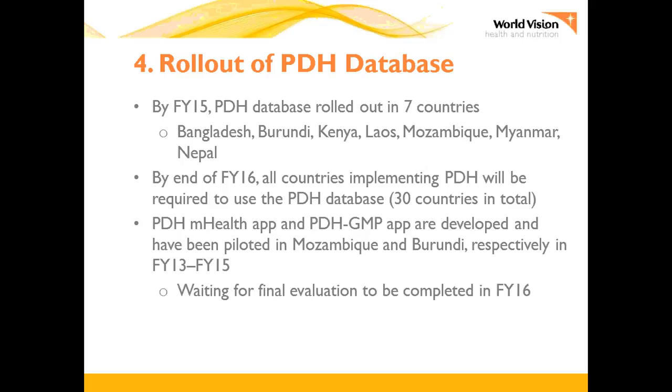The PDRS Health application and PDRS joint with Growth Monitoring and Promotion app are developed and have been piloted in Mozambique and Burundi, respectively, in FY13 to FY15. We are now waiting for the final evaluation to be completed in FY16 for Burundi.